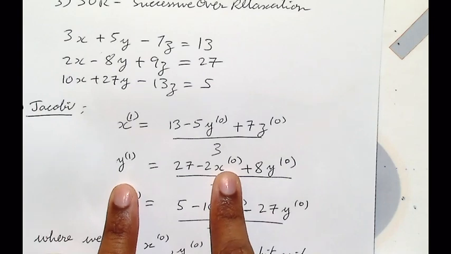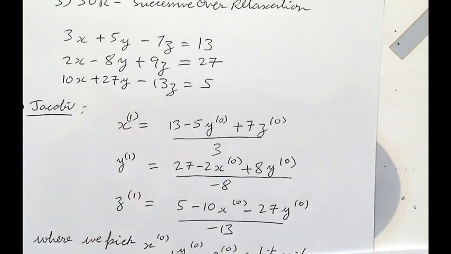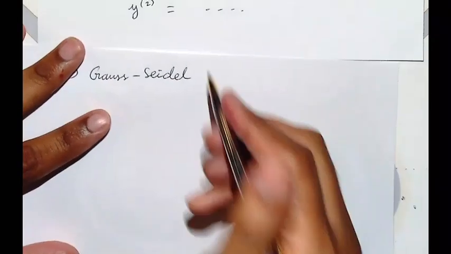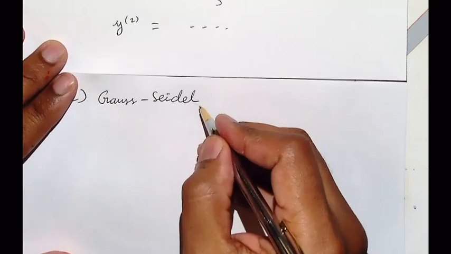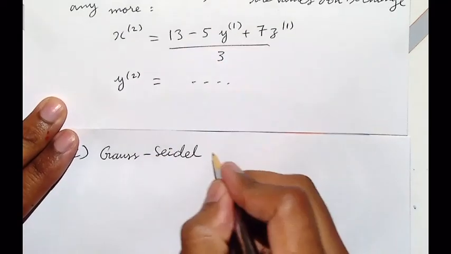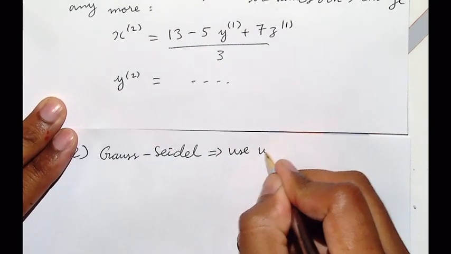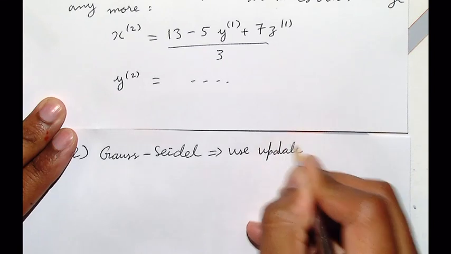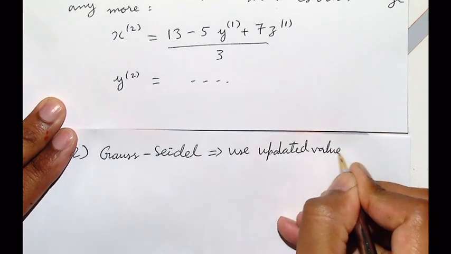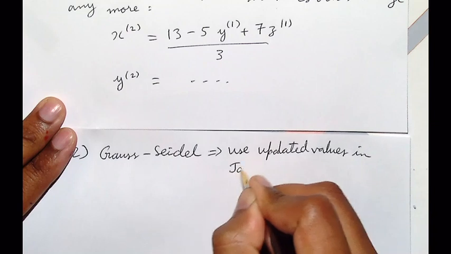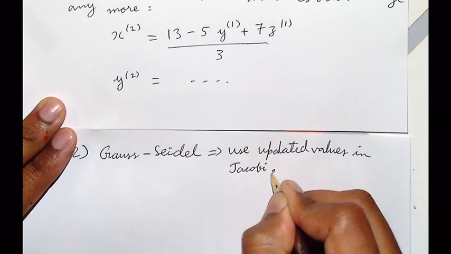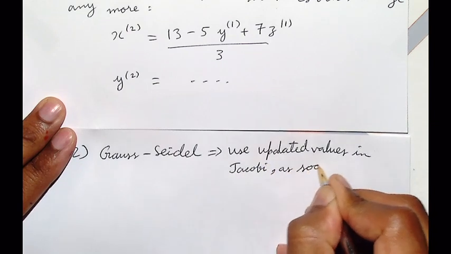All right? That is Gauss-Seidel. Done. That's it. So Gauss-Seidel is: use updated values in Jacobi as soon as they become available.